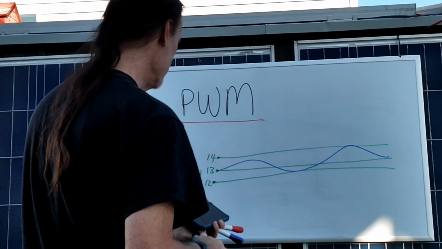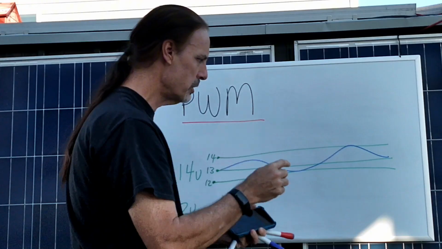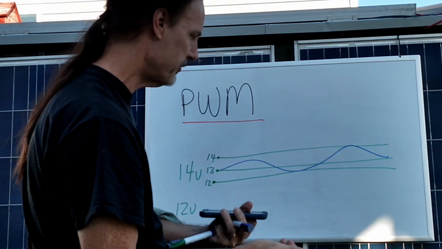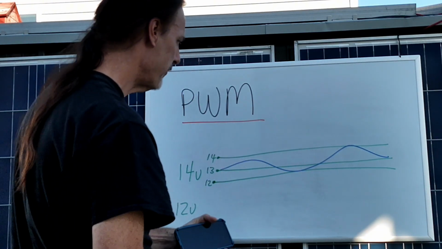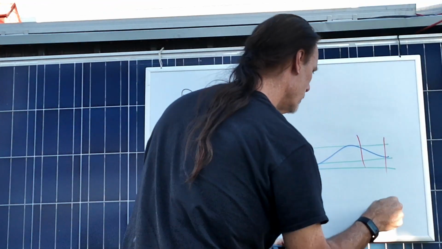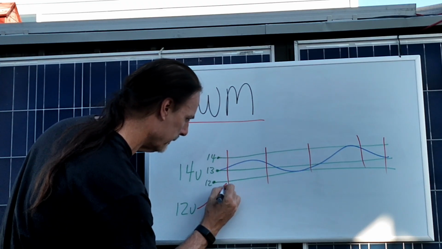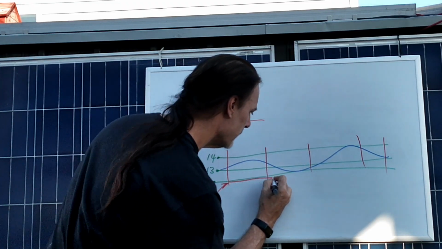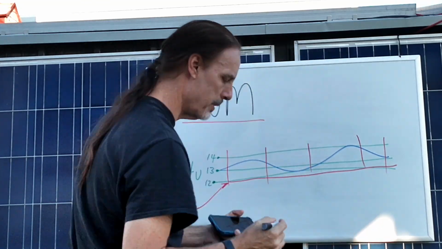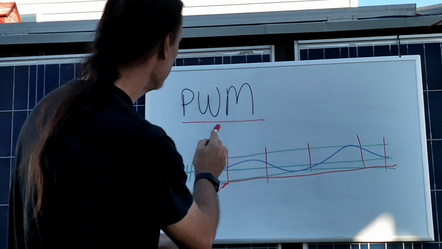Now, as the sun moves, what the pulse width modulation does is it cuts this off at every point in this bracket to 12 volts for the 12 volt battery. And it will basically cut off the top. Now you ask, how does it cut off the top? And I'm going to explain it to you.